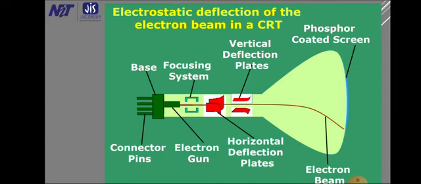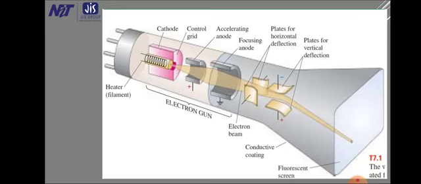You can assume this to be the capacitive one. The first stage, as you see in this picture, is the horizontal deflection plates, which are responsible for horizontal deflection, and then there are vertical deflection plates which are responsible for vertical deflection of the electron beam.